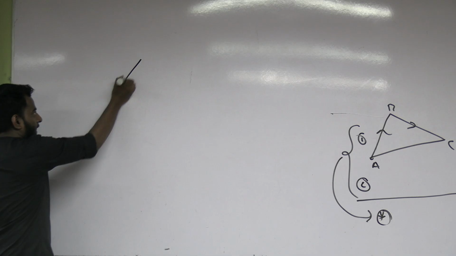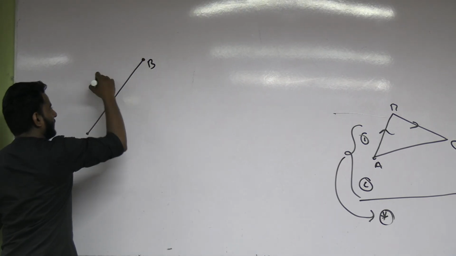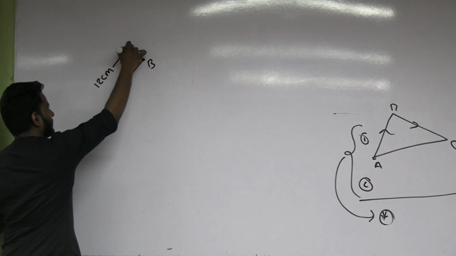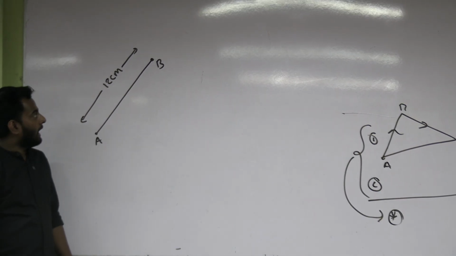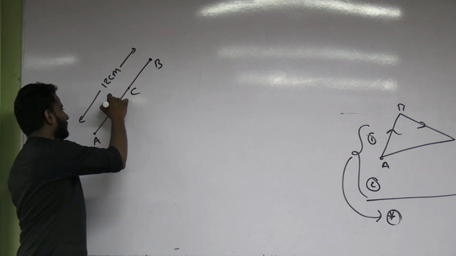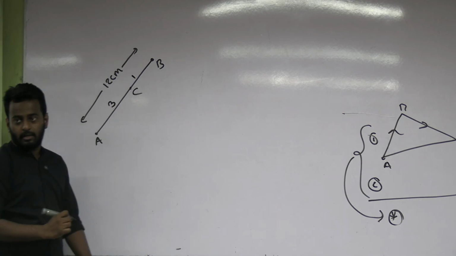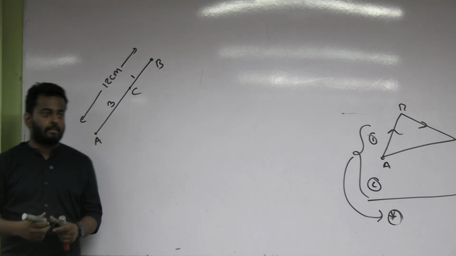Now think we have a line AB, and the length of the line AB is 12 centimeters. We have a point C on AB and the ratio is 3:1. I'm supposed to find the length of AC. How do we find the length of AC?